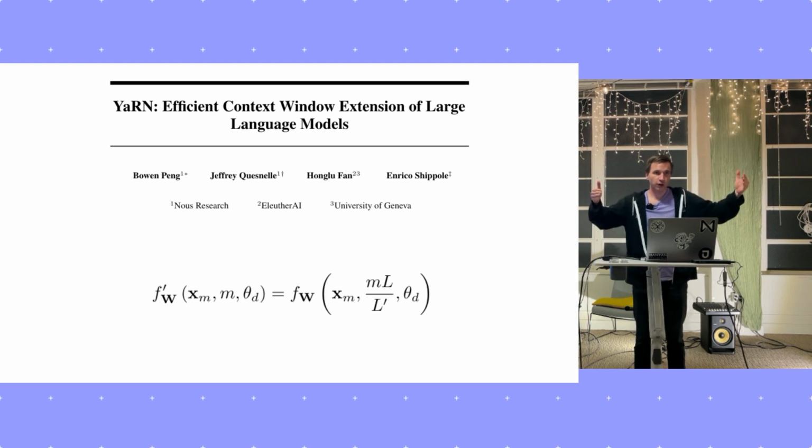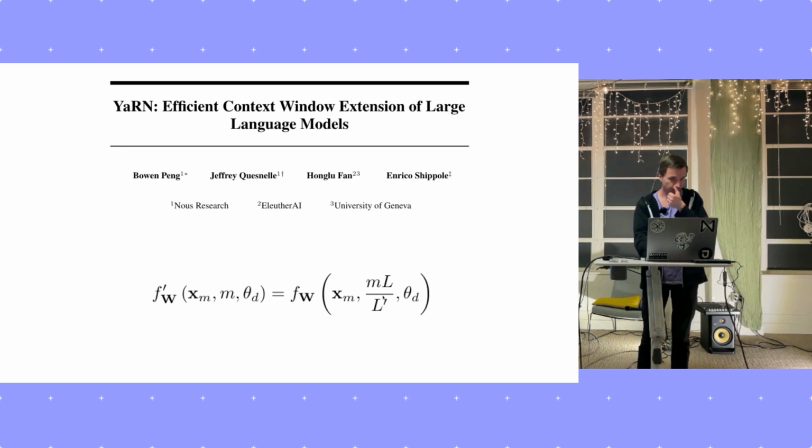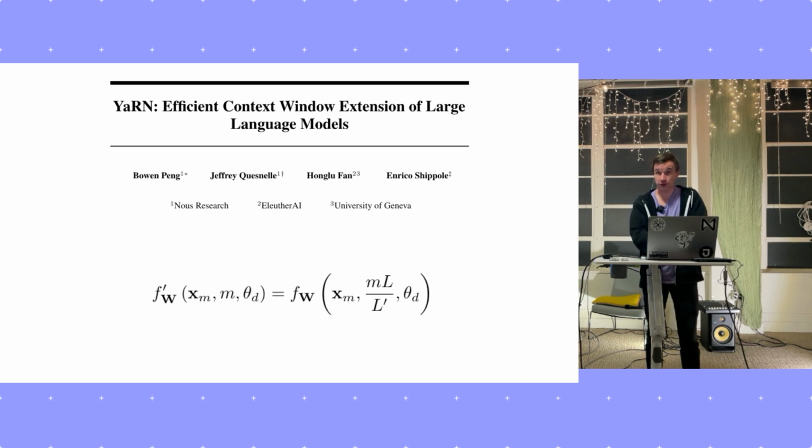Effectively you stretch the positions so that the range of inputs to this parameter remains the same. If you just change the maximum without doing that, the model will break. This approach works: if you take Llama with a short context, apply this to RoPE and keep training it for, I don't remember the number, 100,000 or a million examples, it learns to use the longer context and gets pretty good at it.